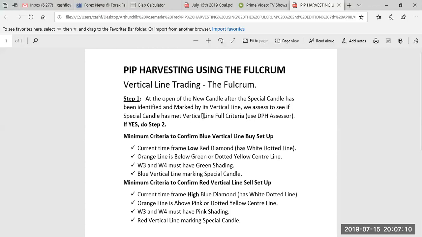Okay, the alert comes when the vertical line on the previous candle appears, you get an alert, and then you just look at the chart and you see these 4 items are there. If they are, it's confirmed. It either is or it isn't.